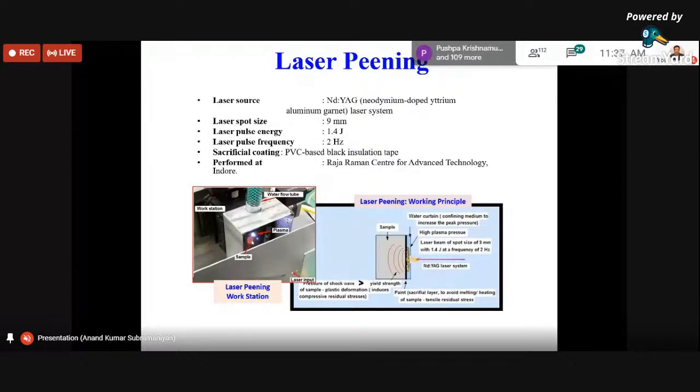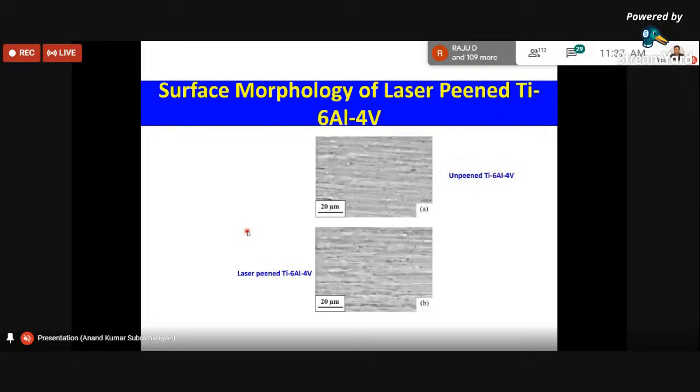You can see that this is the sample and plasma being generated near the surface, and this is the water flow which is used to confine the plasma pressure, and then it will be directed towards the interior of the sample.